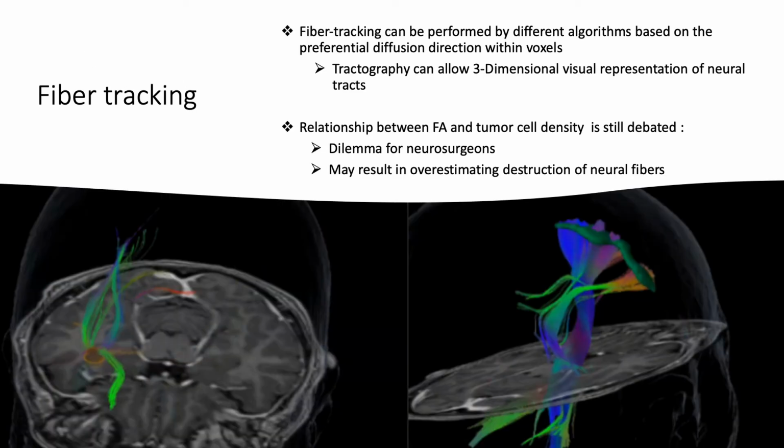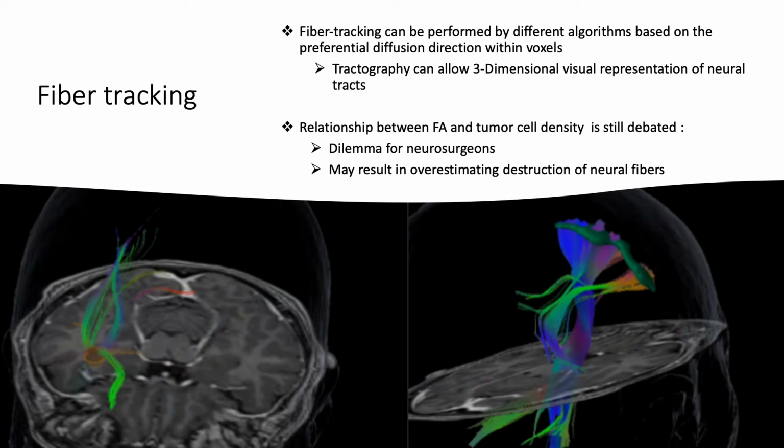Fiber tracking or tractography imaging can be performed by different algorithms based on the preferential diffusion direction within voxel. Tractography can allow for three-dimensional visual representation of neural tracts, like in the images seen below. This is important because doctors often need to see these tracts that aren't seen in normal MRI imaging.